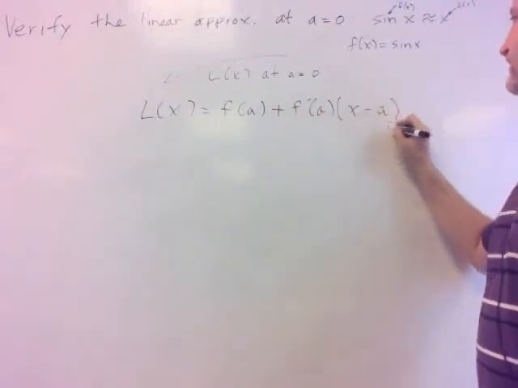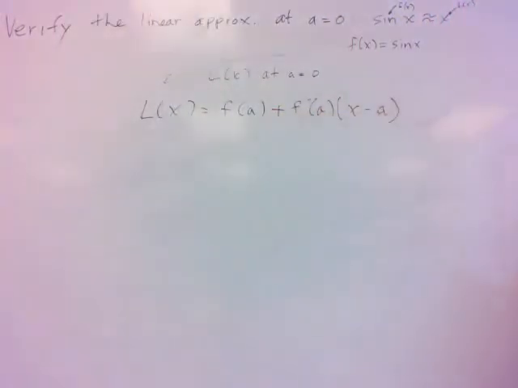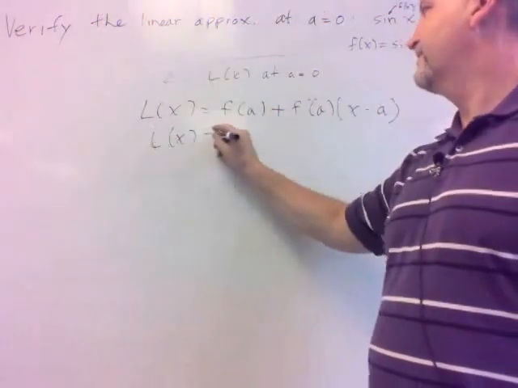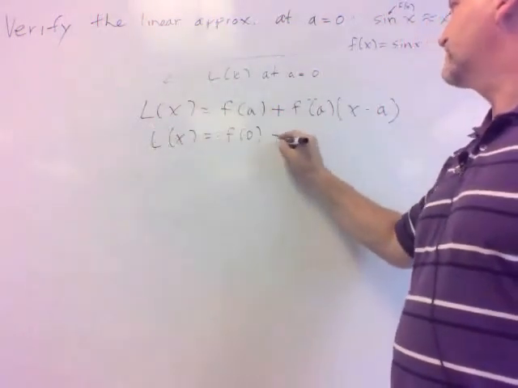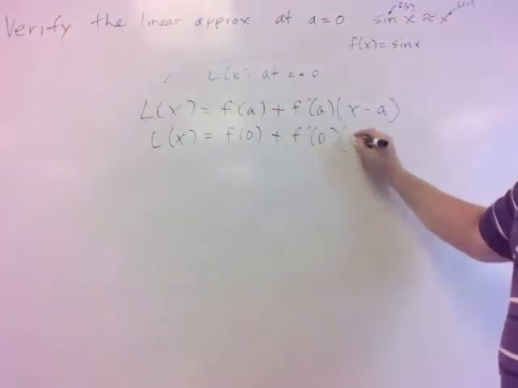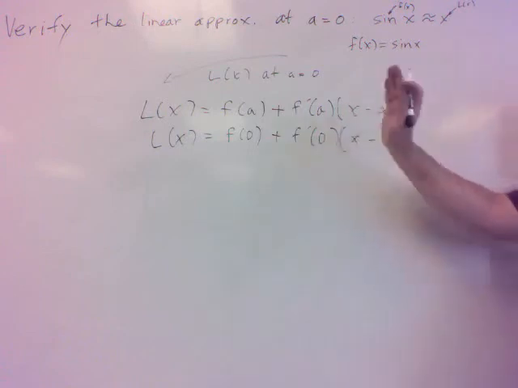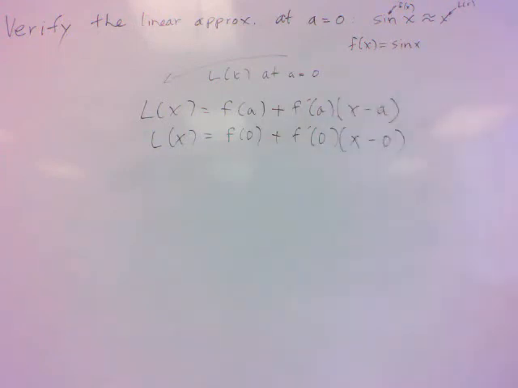And this one's real nice because what is a? A is 0. Okay, so L of x equals f of 0 plus f prime of 0 times x minus 0. Just plug in the a to be 0. So if I can figure out what all those values work out to be, I got this.